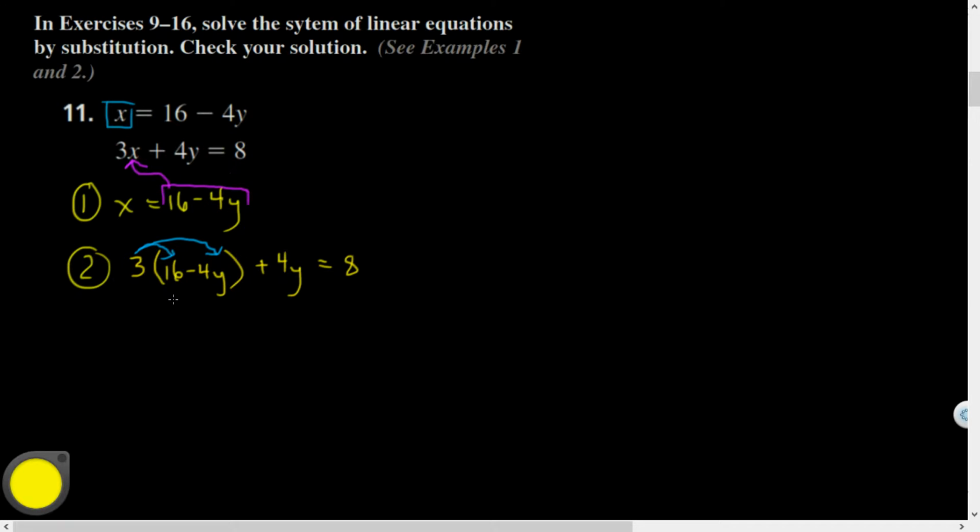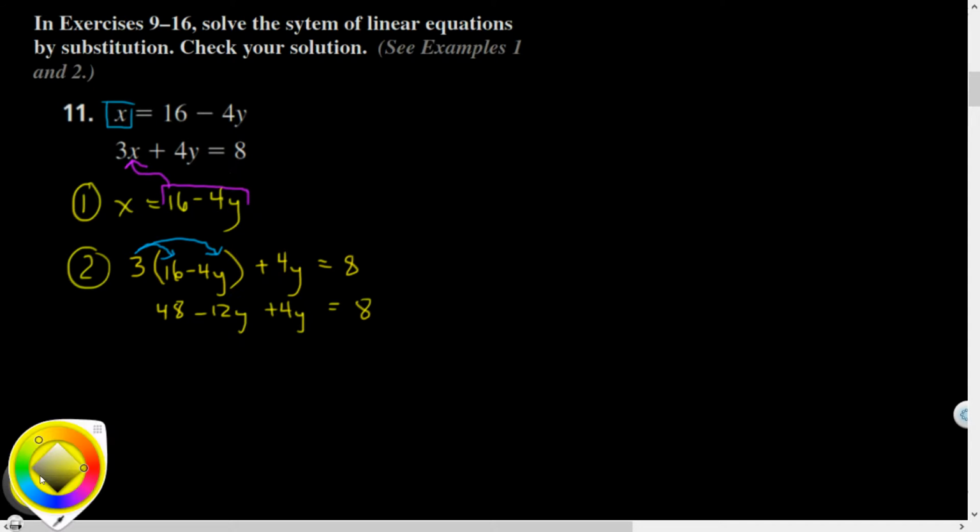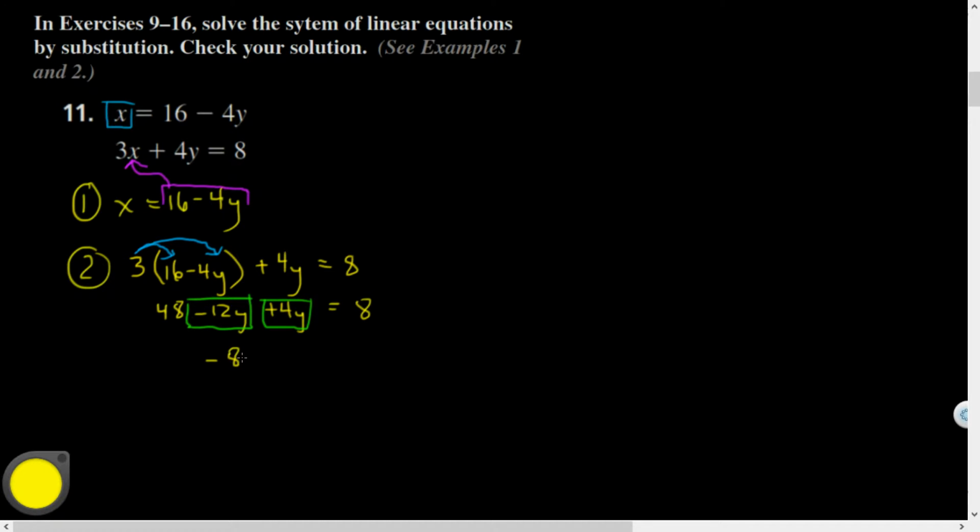Let's see, 3 times 16 is 48. 3 times -4y is -12y, and plus 4y equals 8. Let's combine some like terms. Those y's are buddies. -12y plus 4y is going to be -8y.